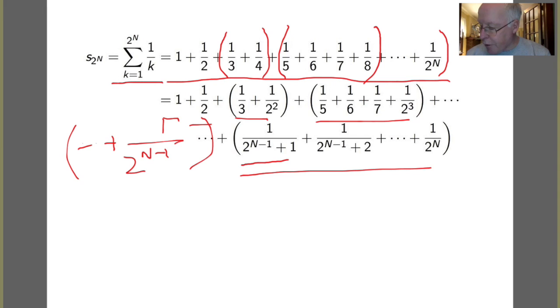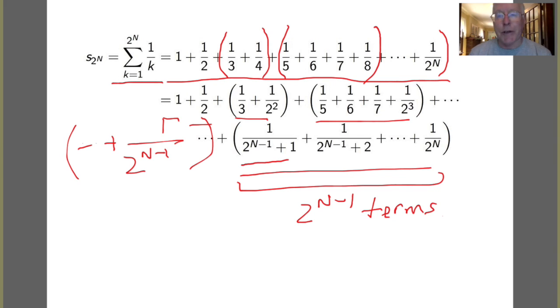And you might notice here that there are 2 to the n minus 1 terms added in this last set of parentheses. Here we have 2 terms, 1/2 of 4. Here we have 4 terms, 1/2 of 8. And this pattern continues. In this last one, we'll have 2 to the n minus 1 terms, which is 1/2 of 2 to the n.